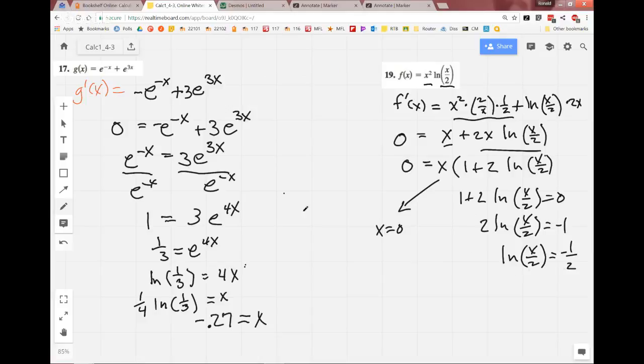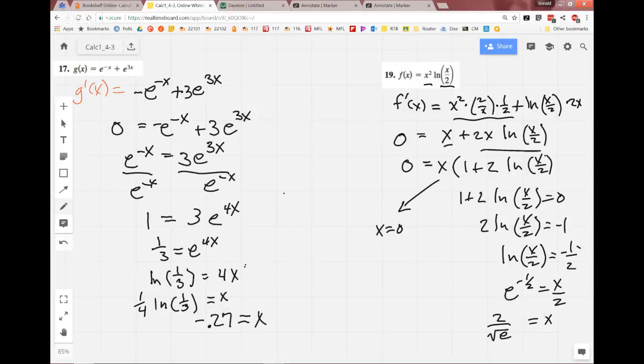So basically what this says is e to the -1/2 power equals x over 2, right? Isn't that what a natural log is? The natural log of something says, when you take e to this power, it's going to equal that thing. And then we can solve this. We can say x equals 2 e to the -1/2.